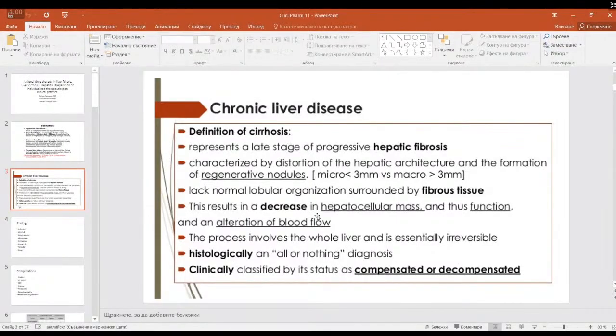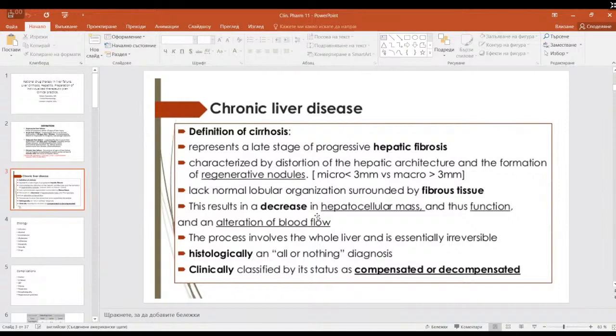Also, we have a decrease in function, and we have an alteration of blood flow, which means that we will have some issue with the formation of new blood vessels, and also the dilation of some blood vessels, like those in the abdomen. If you have seen patients with end-stage liver failure, you know what I'm talking about.